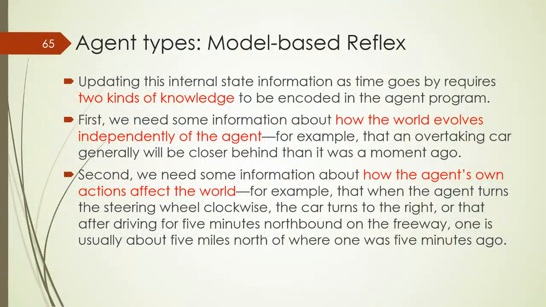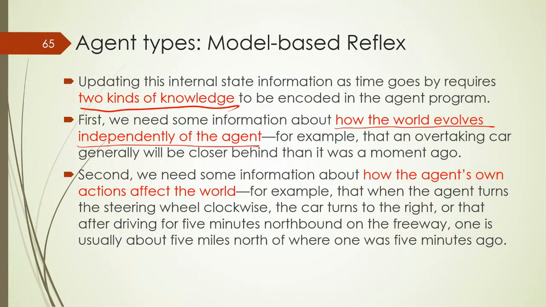Updating the internal state information as time goes by requires two kinds of knowledge to be encoded. I like this. Information is encoded in the agent, okay? Encoded in the agent program. First, we need some information about how the world evolves independently from the agent.